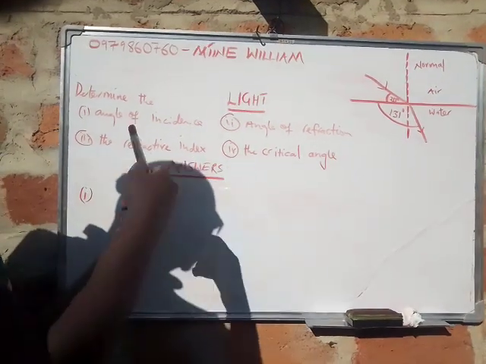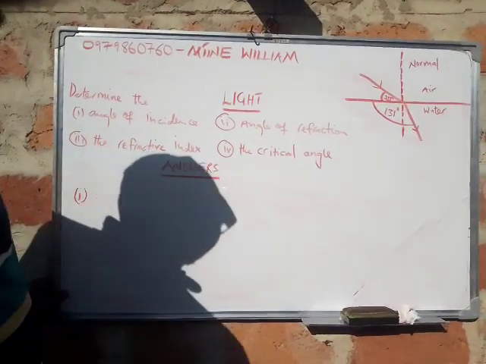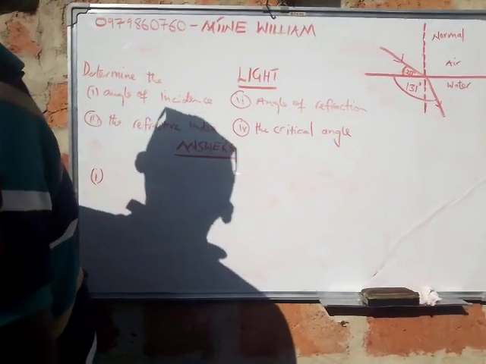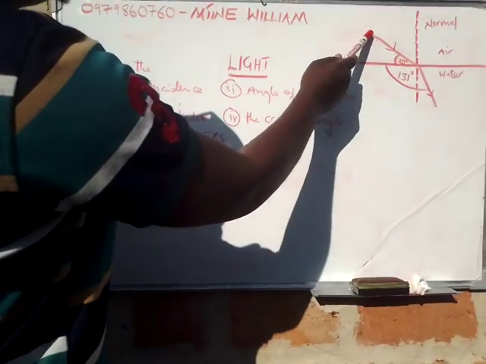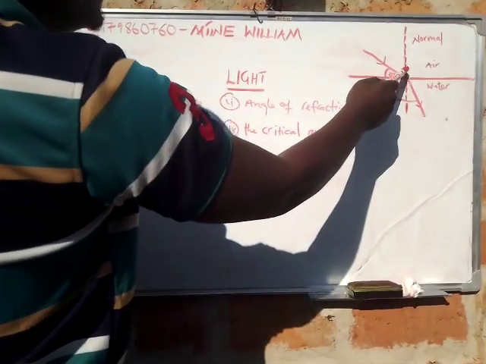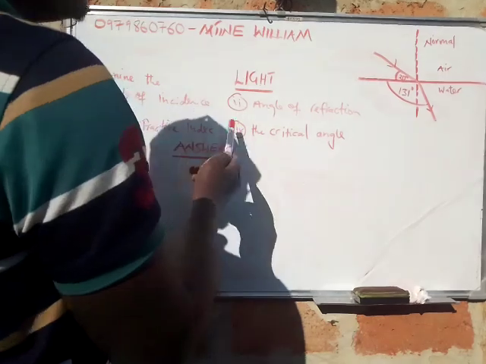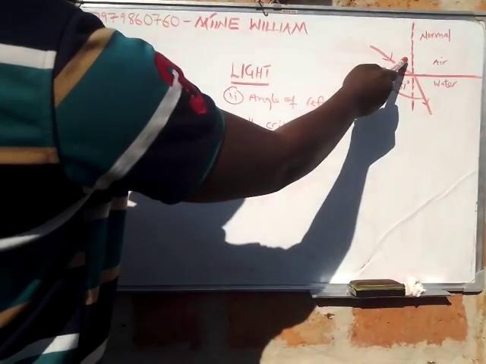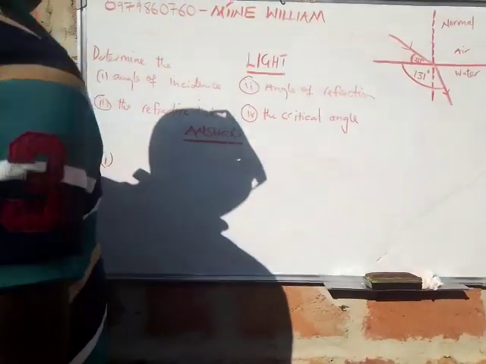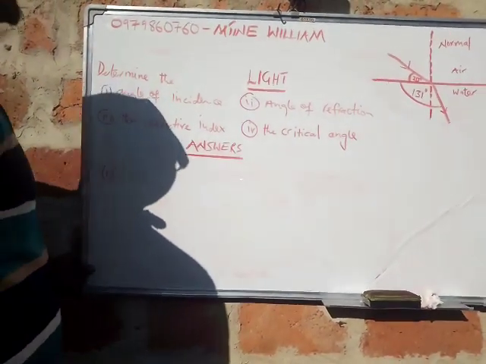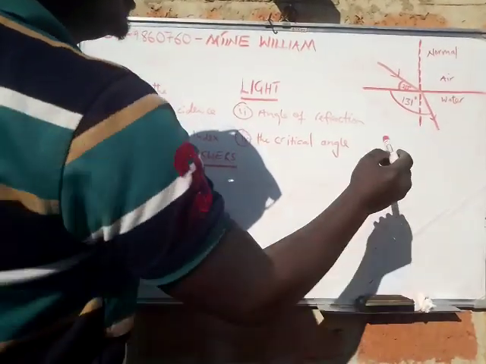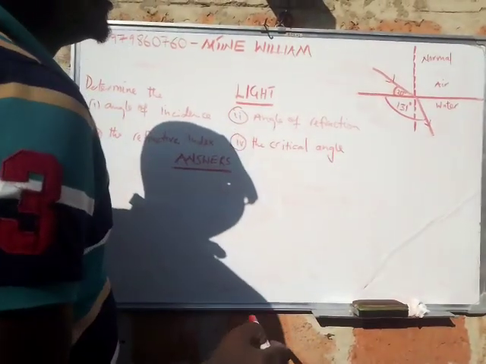Before we answer these questions, we need to look at some light properties. According to the property of light, the incidence ray and the normal make up the angle of incidence. This is 90 degrees, and this is also 90 degrees.